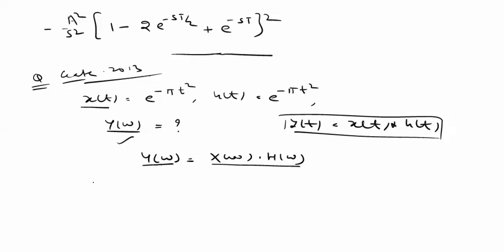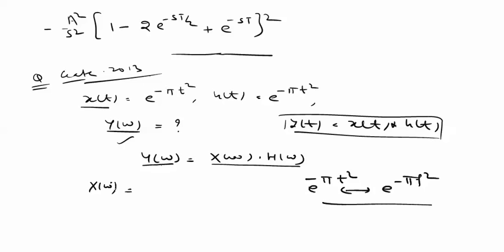For a Gaussian pulse, the Fourier transform is e power minus pi f square. So X(f), not omega, is e power minus pi f square, and H(f) equals e power minus pi f square.